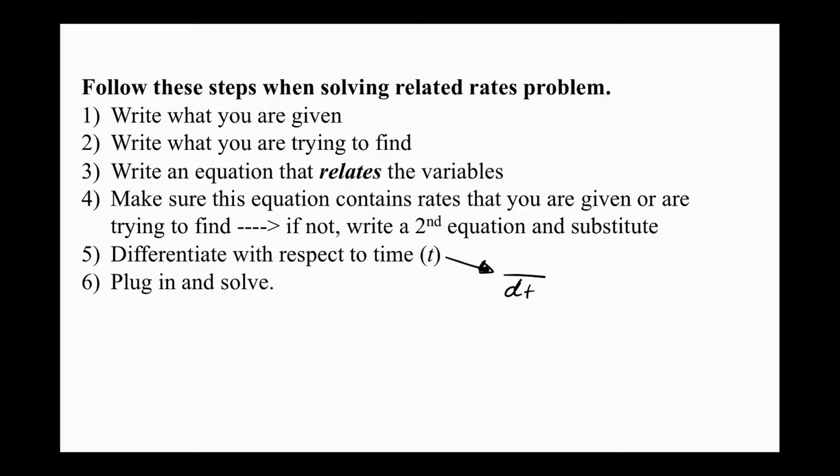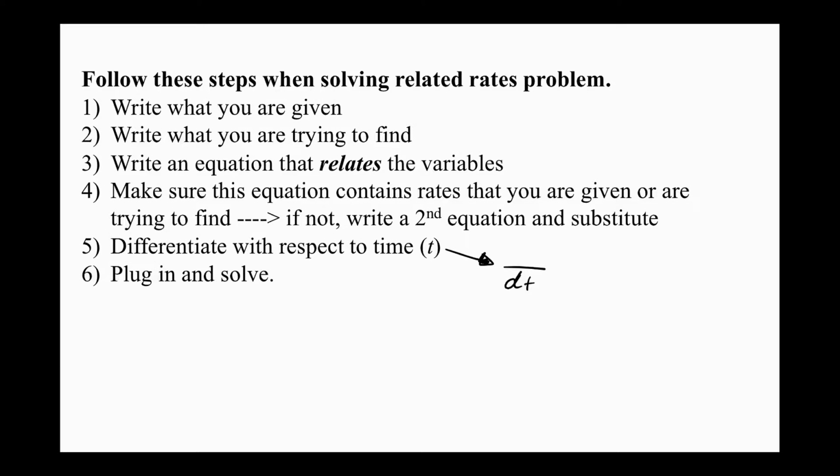Not necessarily, so number 2, we don't know, but we need to find it. Number 3, we're going to write an equation that relates the variables. That's where the related rates comes in, relates the variables. Number 4, don't worry about that today. We'll talk about it later. Find the derivative. Number 5, plug it back in and solve. Okay?